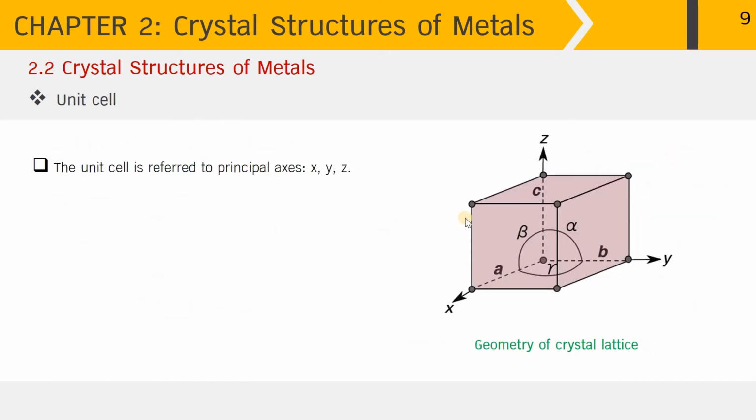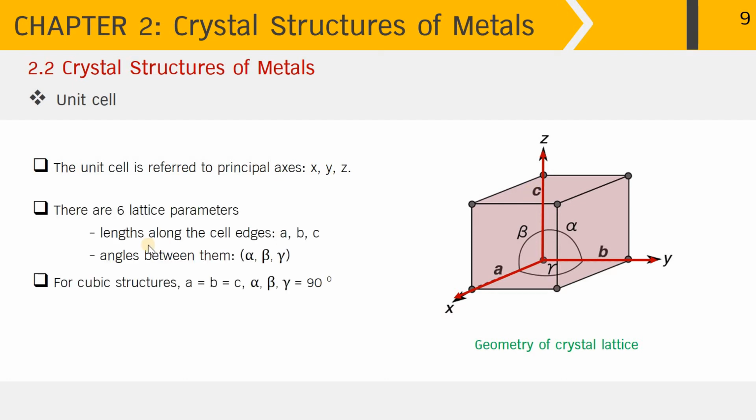So now let's have a look a little further at the unit cell, as you can see from this picture showing the geometry of the crystal lattice. The unit cell is referred to the principal axes X, Y, and Z. There are 6 lattice parameters.